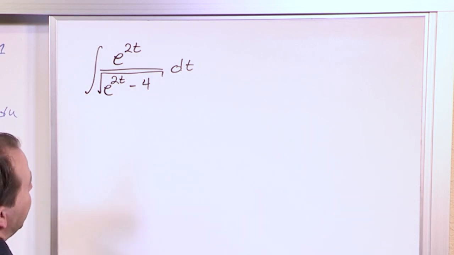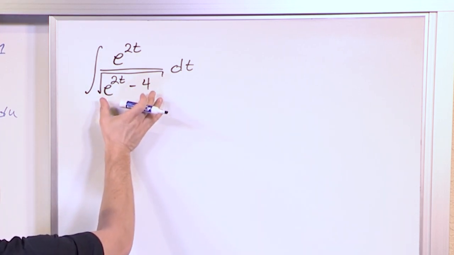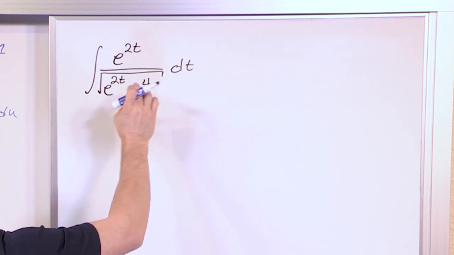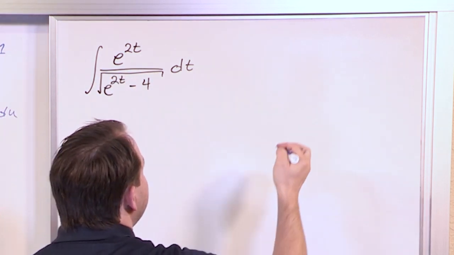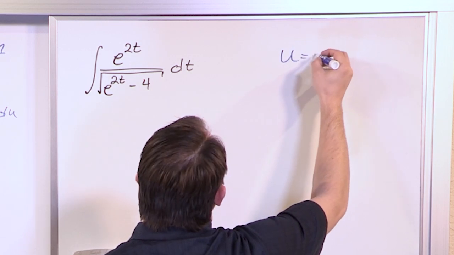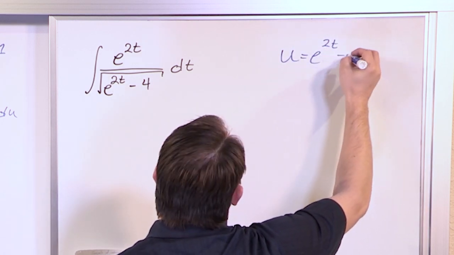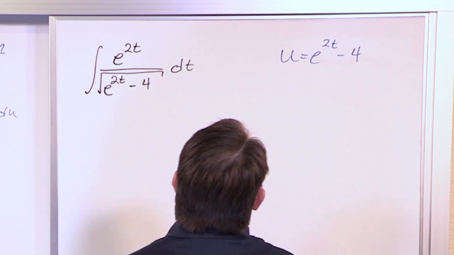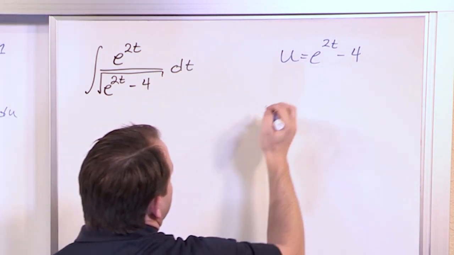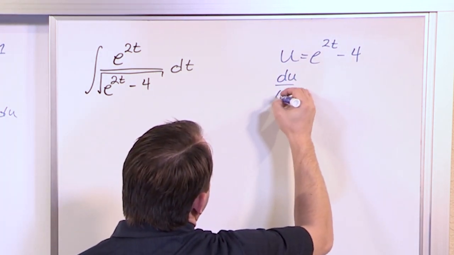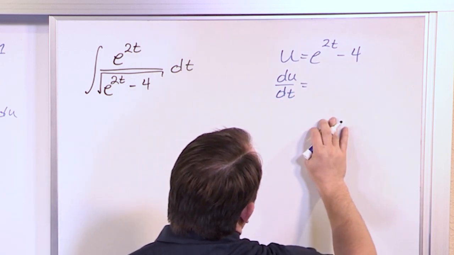As a first cut, usually when I see radicals, I like to pick u for what's under the radical, because then everything in the radical becomes much easier to look at. So if we do u equal to e to the 2t minus 4, which is what's under this radical, then du/dt would be equal to what?